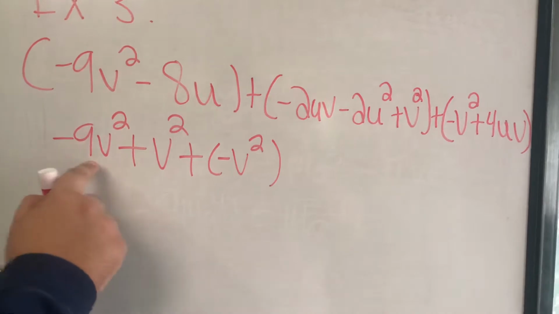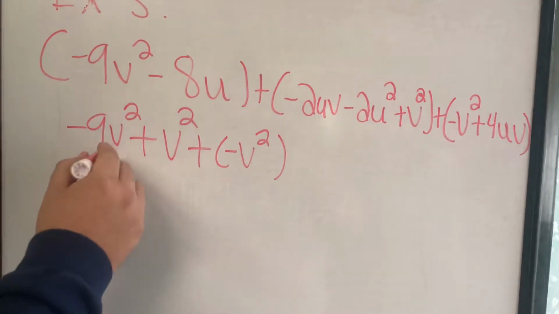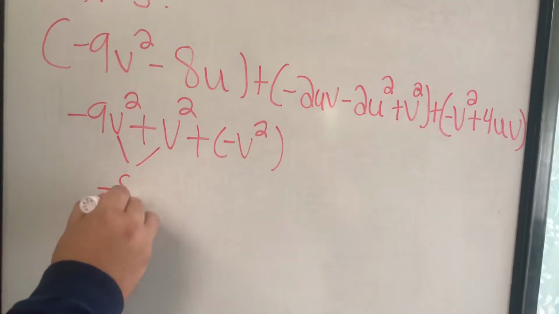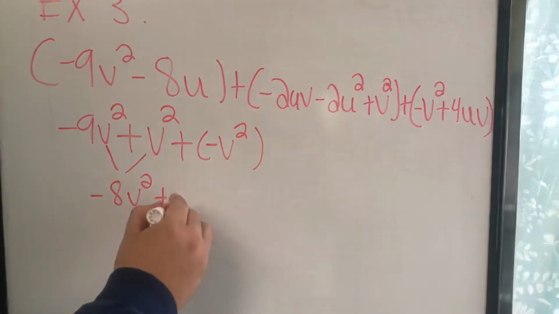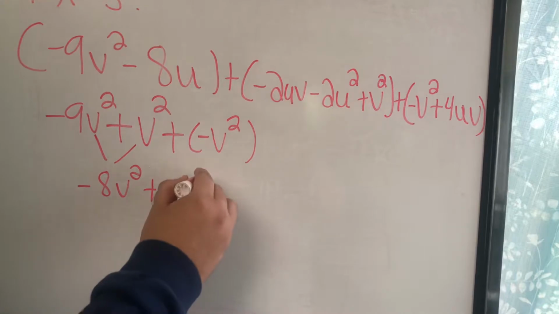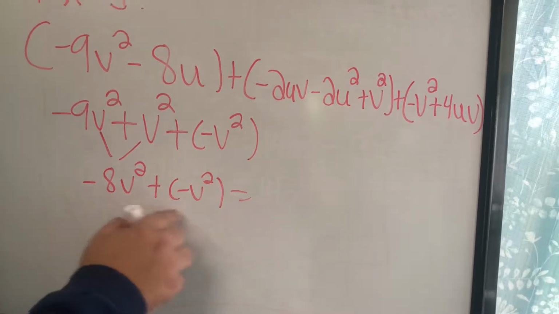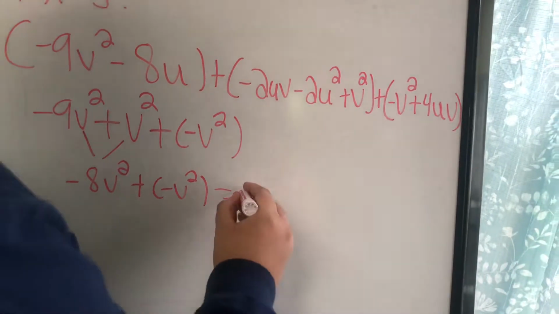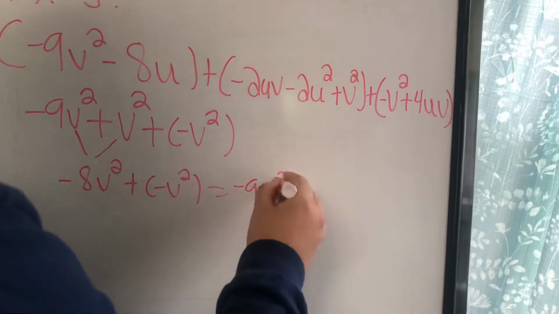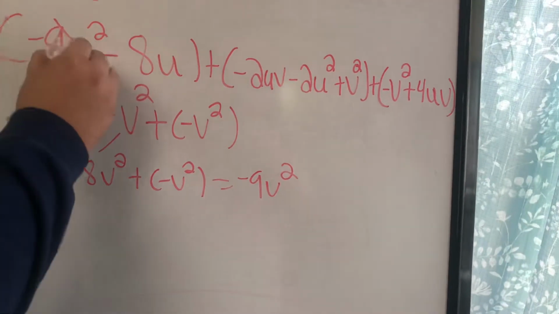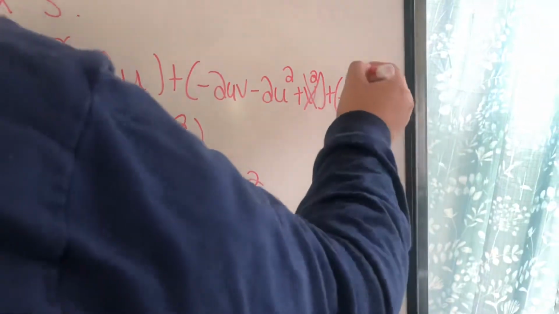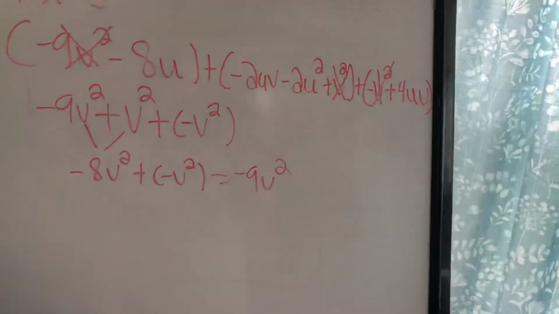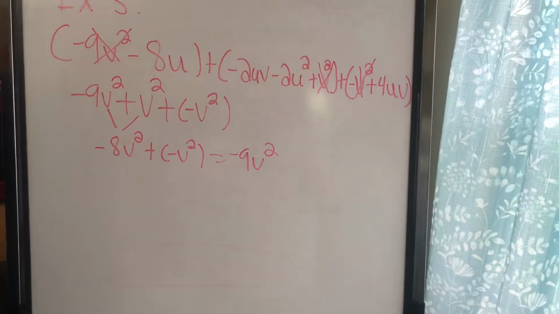In other words, negative 9 plus 1 is negative 8v squared, and then I'm going to drop this, so plus negative v squared, and of course, you're adding two negatives, so it's going to be negative 9v squared. So this, I'm going to just cross it out. That's gone. This is gone. This is gone.